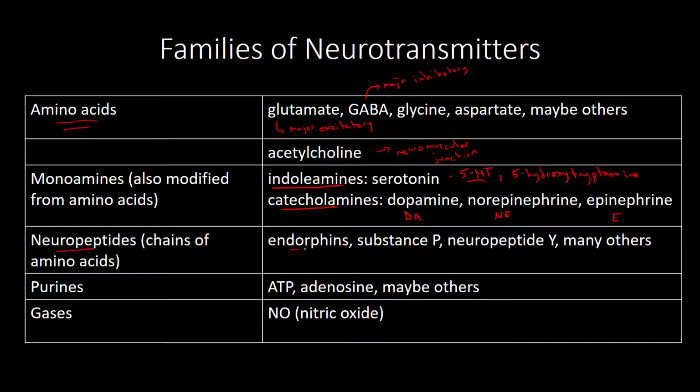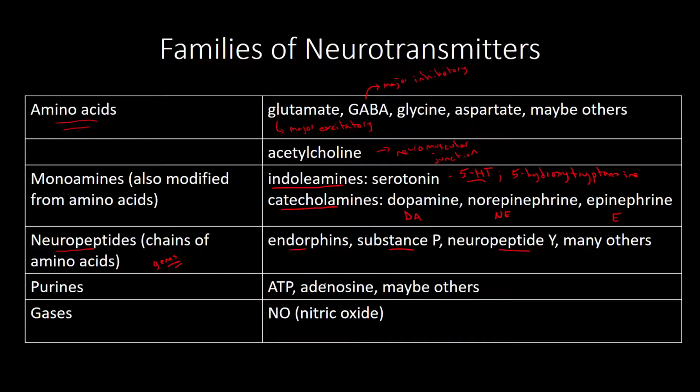Examples of neuropeptides are endorphins, substance P, neuropeptide Y, and many, many others. We'll cover those as we go. These tend to be large. They tend to be built and made in the cell body. Because they're proteins, there are genes for these. We'll talk about that more later.